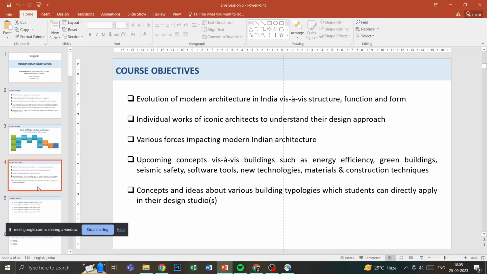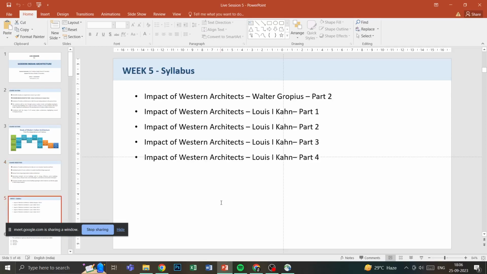Go through the individual works of iconic architects to understand their design approach, various forces that impacted modern Indian architecture, the upcoming concepts, and various building typology concepts and ideas that students can directly use in their design studios. So today we will be doing week 5, previous year assignment of week 5.